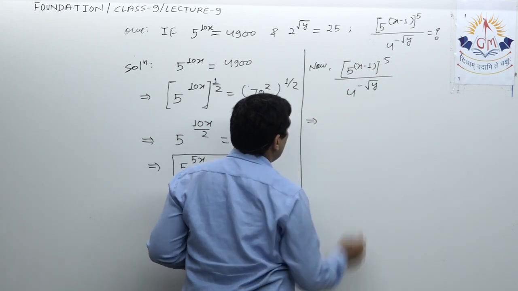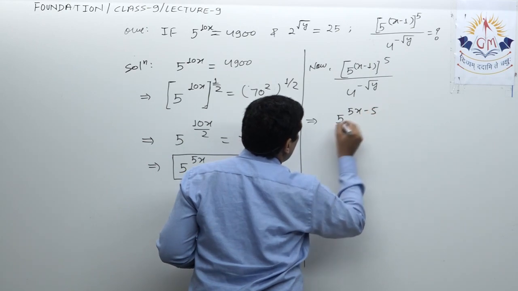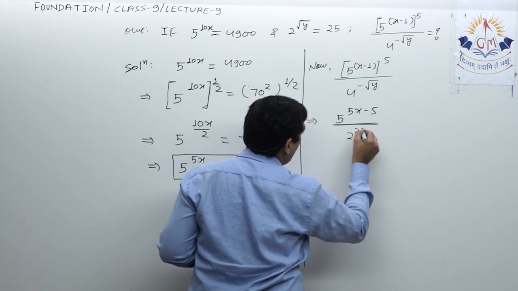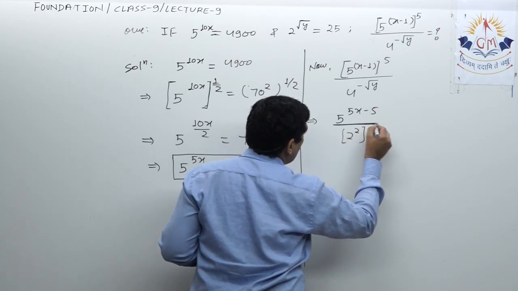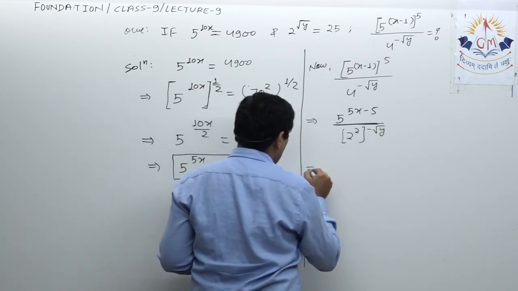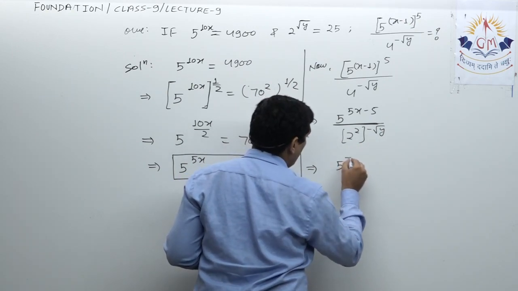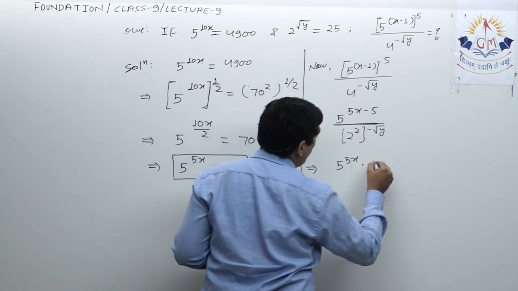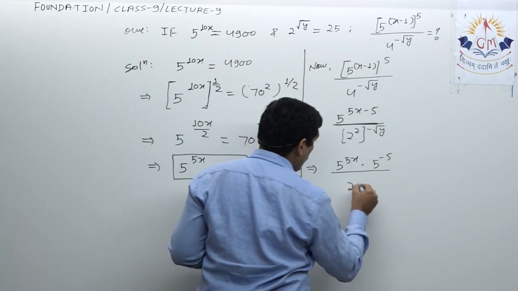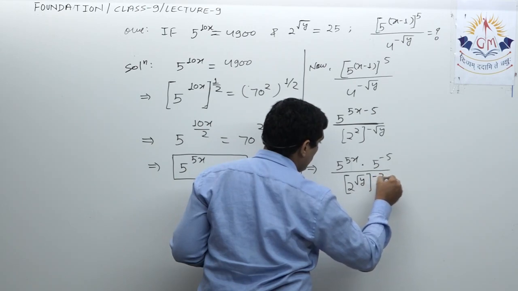So this is actually 5 raised to 5x minus 5 divided by, over here this 4 can be written as 2 square raised to minus root y. Okay, so this will become 5 raised to 5x into 5 raised to minus 5 divided by 2 raised to root y raised to minus 2.